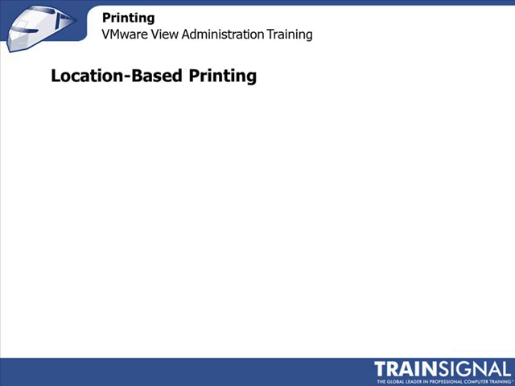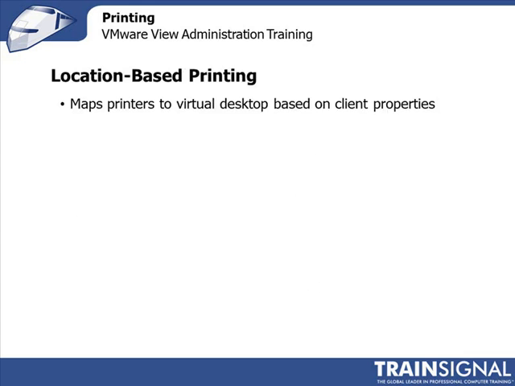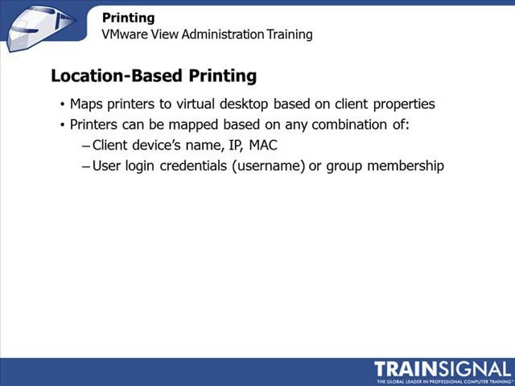So let's talk a little bit more in depth about location-based printing within View. It's used to map printers to the virtual desktop based on properties of the client. These printers can be mapped based on a combination of the client device's name, IP address, or MAC address, as well as the login credentials used by the user or the user's group membership.